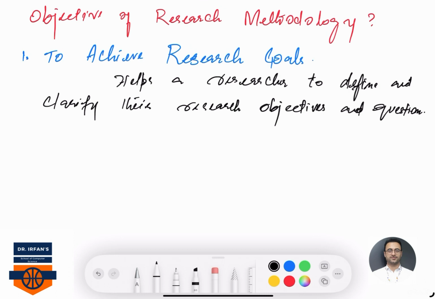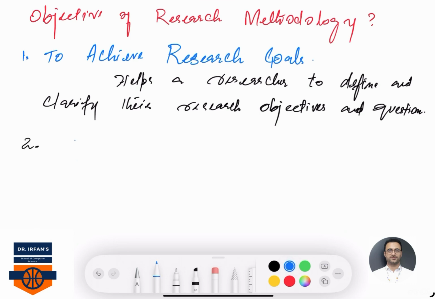Secondly, the most important thing, the first fundamental goal of the research methodology is itself to achieve research goals. Because after finding a problem, after finding a question for which a researcher can start his research, he must set his goal.